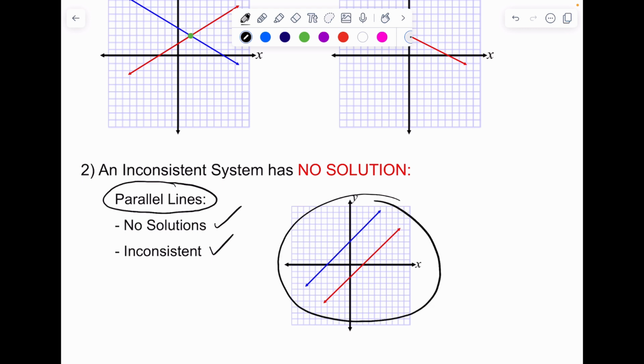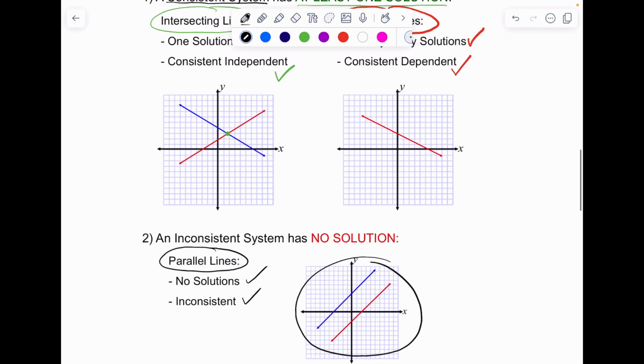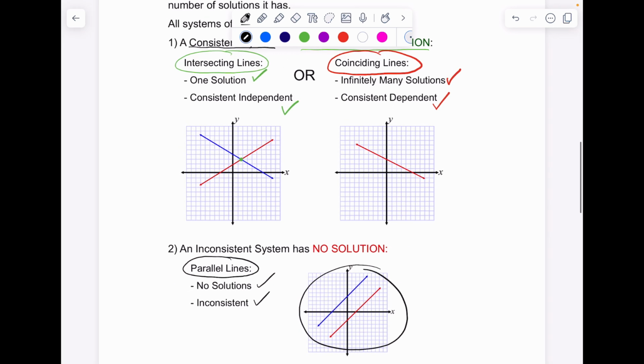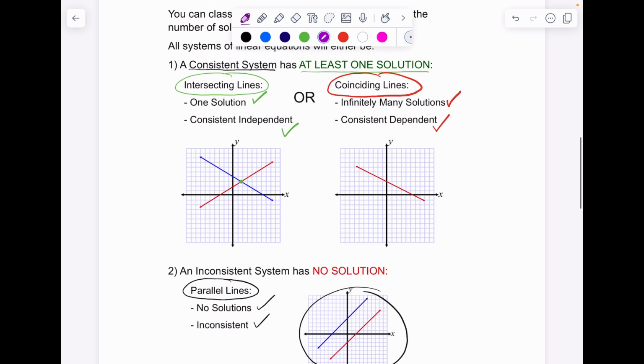So it's pretty simple. How can we tell by slopes? It's easy to tell by graphs, but how we tell by slopes is real simple. If you have a consistent, independent system, that means that your slopes are always going to be different. Period.